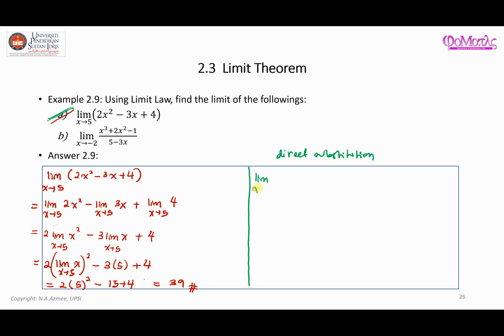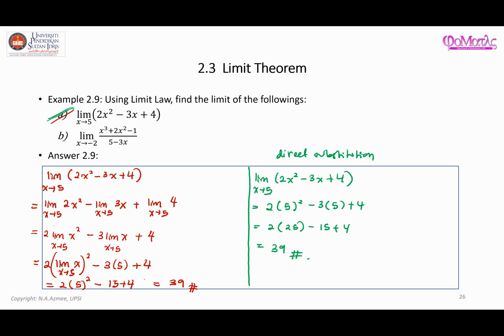Alright, so limit x approaches 5, 2x squared minus 3x plus 4 is going to be equal to, by applying direct substitution, I'm just going to apply 5. I'm going to substitute 5 into this function here, so it's going to look like this. 2 times 5 squared minus 3 times 5 plus 4, and this is going to be 25 minus 15 plus 4, and the result here is going to be equal to 39.